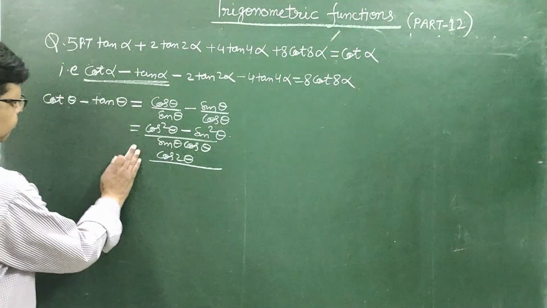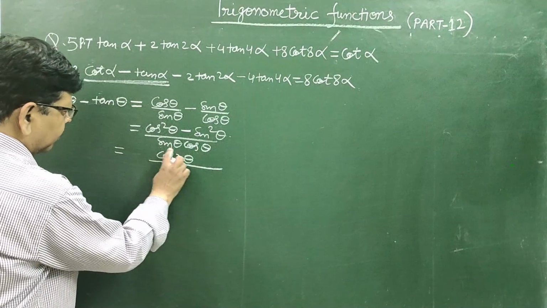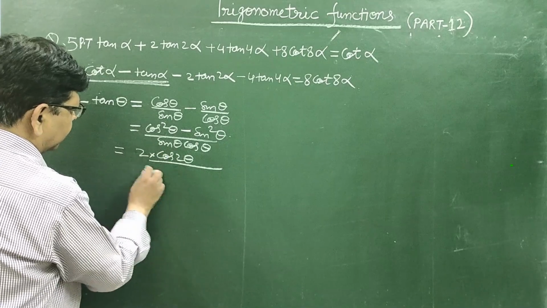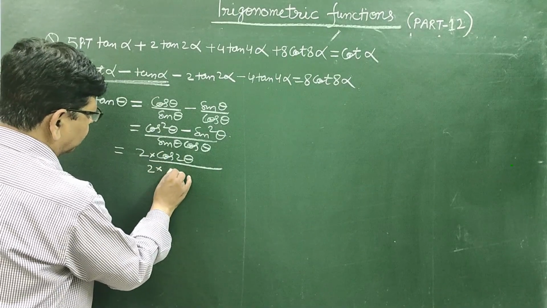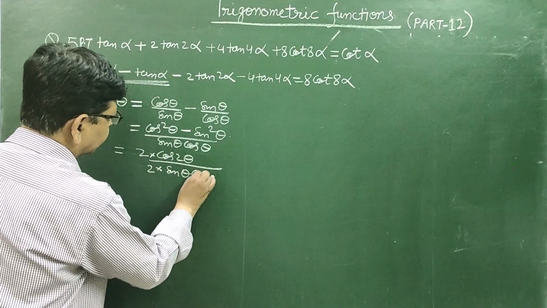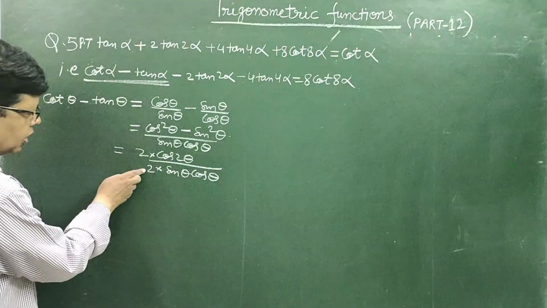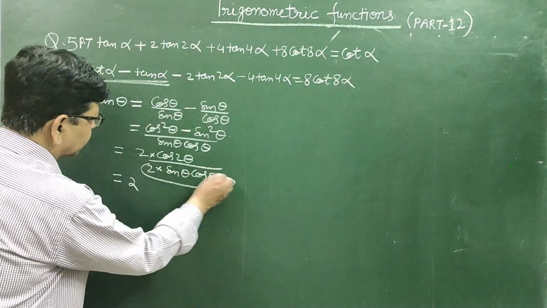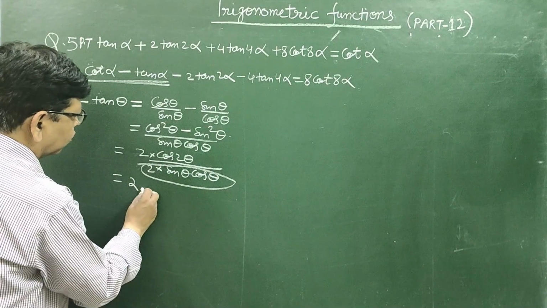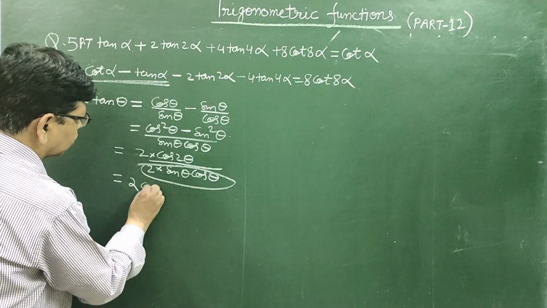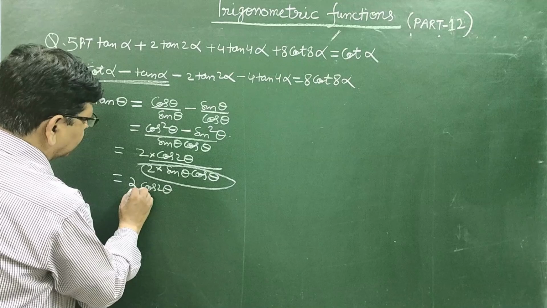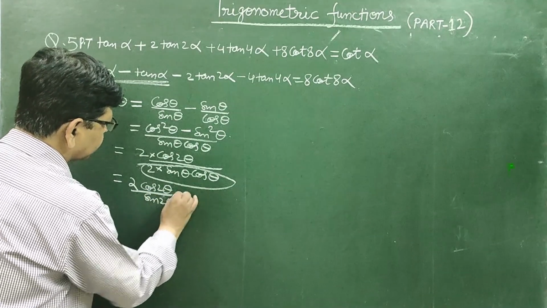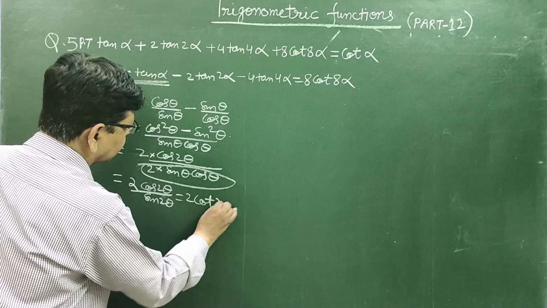And to bring this in the 2 theta form, I am multiplying the numerator by 2 and the denominator by 2. 2 sin theta cos theta. It is balanced here. So we get 2 cos 2 theta upon sin 2 theta, which is equal to 2 cot 2 theta.